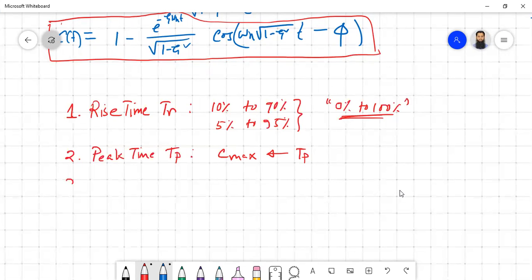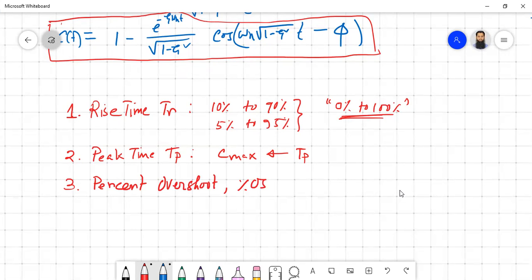Then finally, the third one is percentage overshoot. Percentage overshoot is basically how much the response goes beyond our final value. Okay, so the maximum value that is achieved. This is what is called percent overshoot, and this is how we express it.